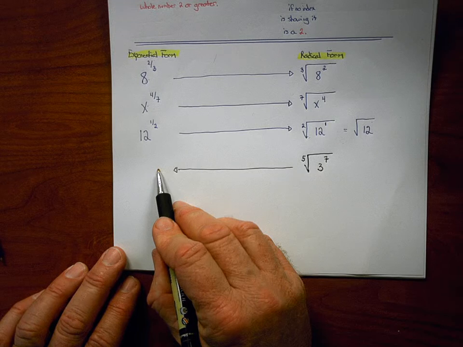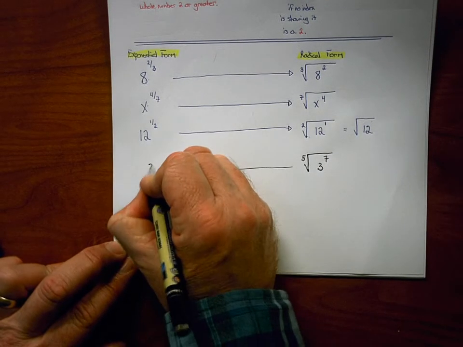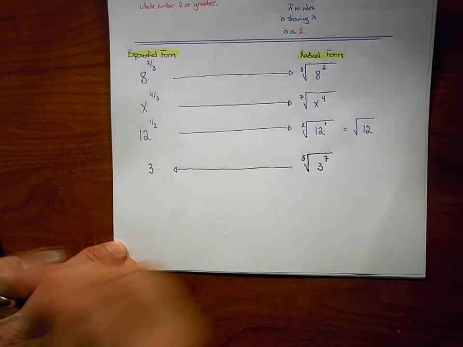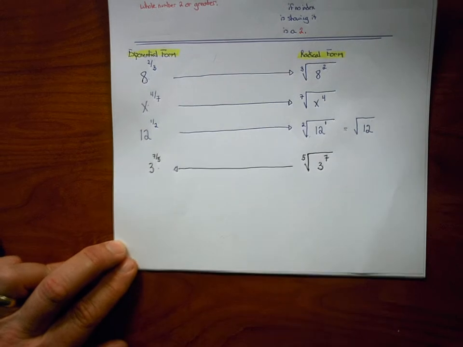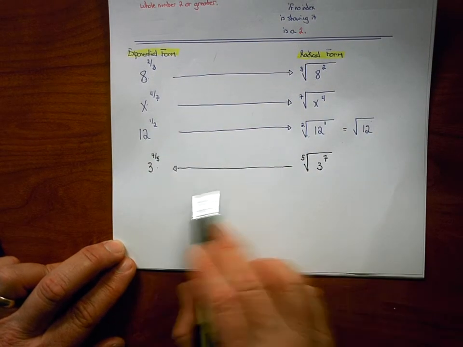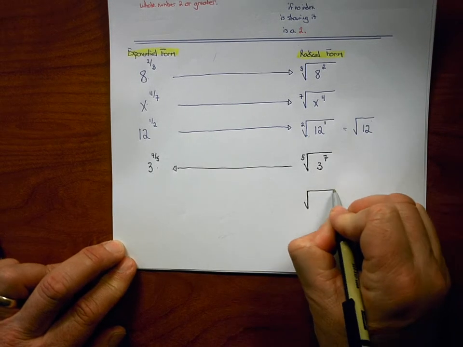What would that be in exponential form? 3 to the what power? 7/5 power. Good. You have to be able to go both ways in this problem. Let's do 2 more.